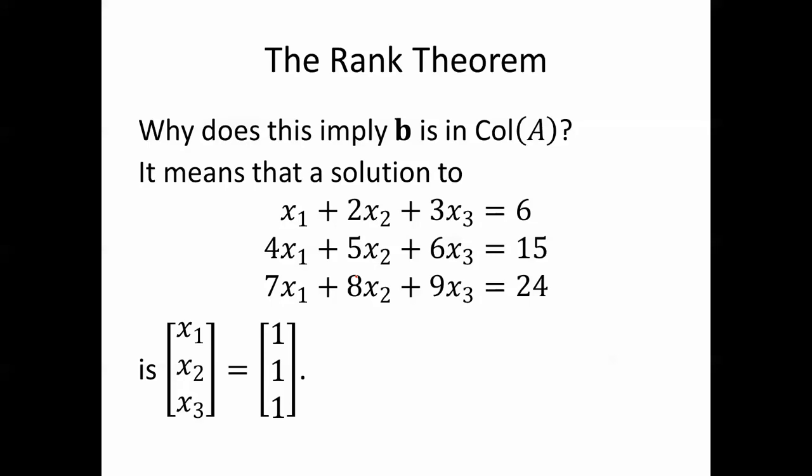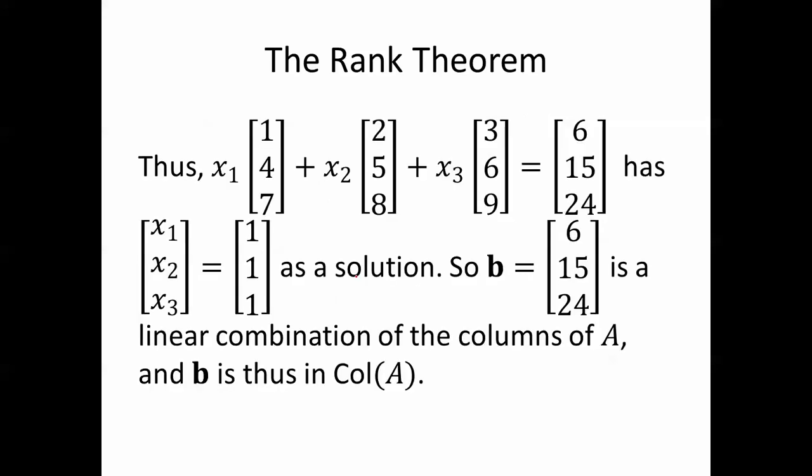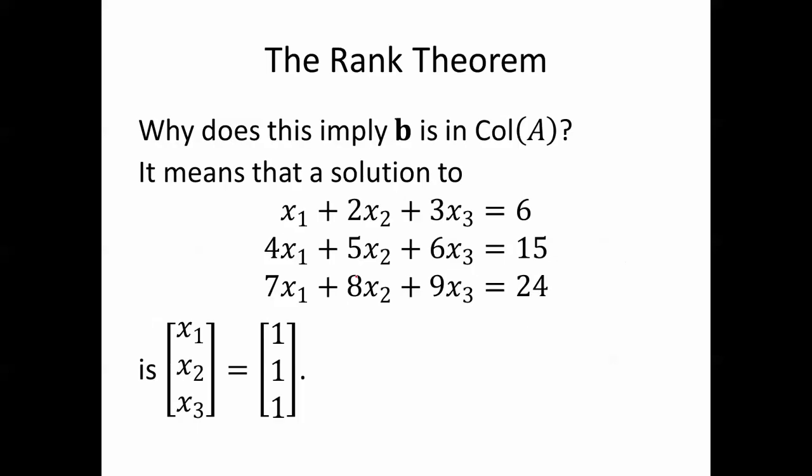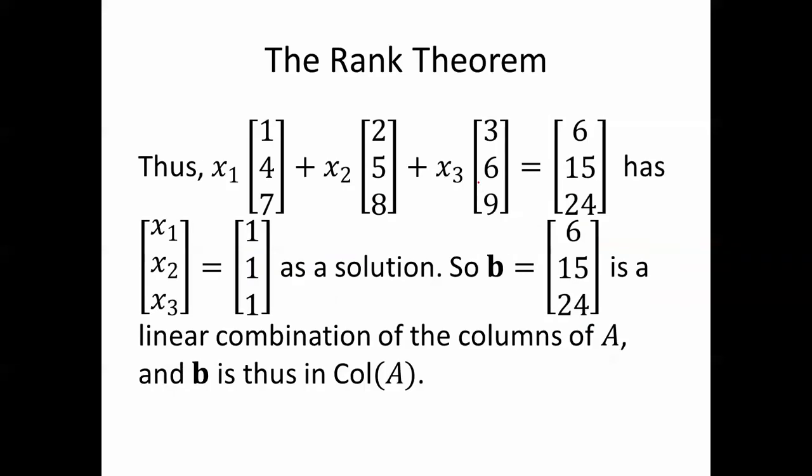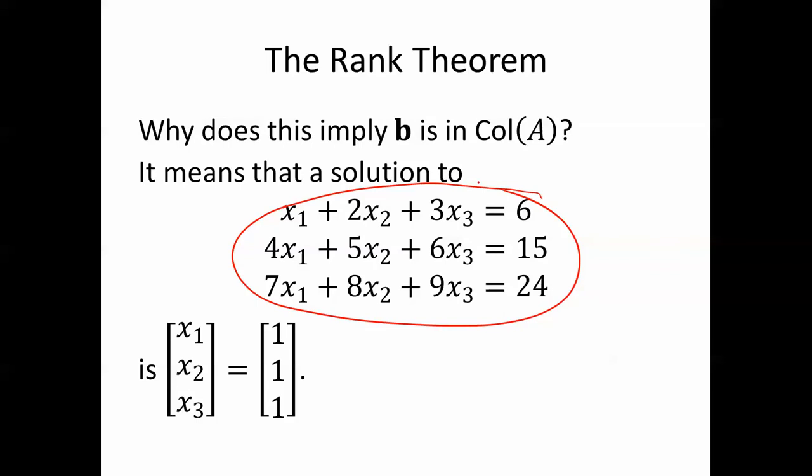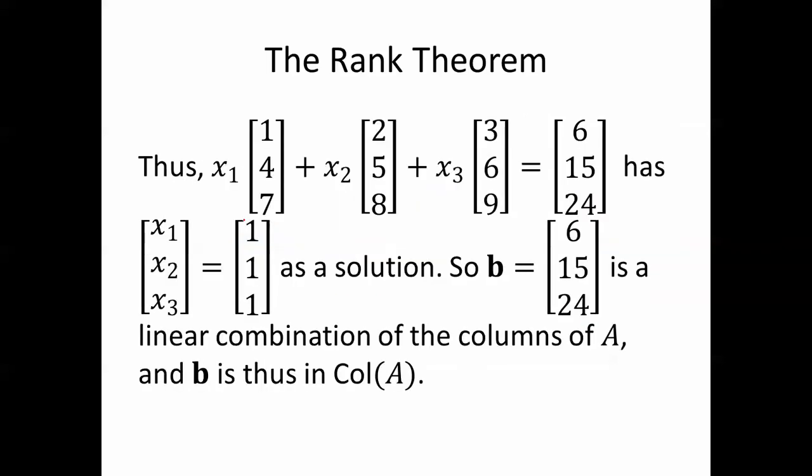Thus, x1 times (1, 4, 7) plus x2 times (2, 5, 8) plus x3 times (3, 6, 9) equals (6, 15, 24) has 1, 1, 1 as a solution.